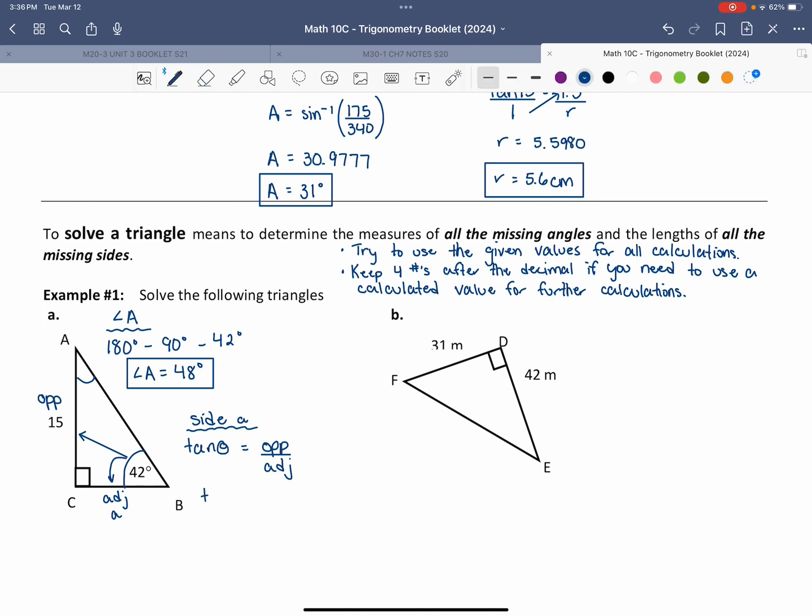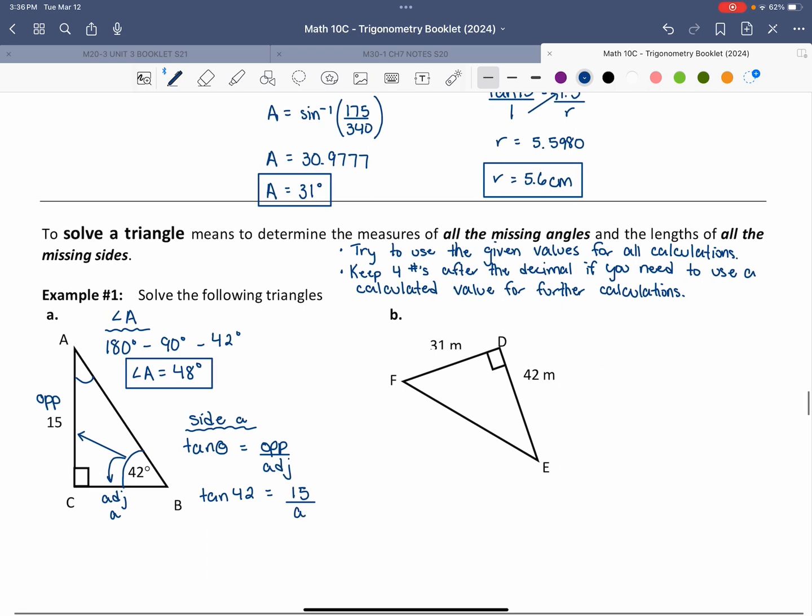Plug in my values. Tan of the angle 42 equals, the opposite side is 15 over the adjacent, which is A. I can put a 1 under my trig function and then cross multiply and divide. So 1 times 15 divided by tan 42.